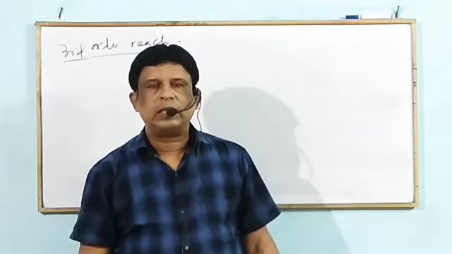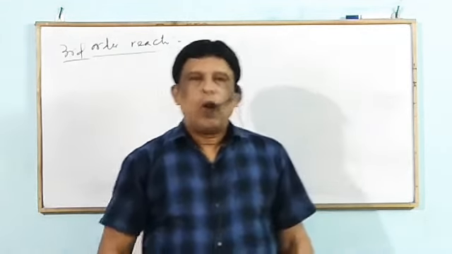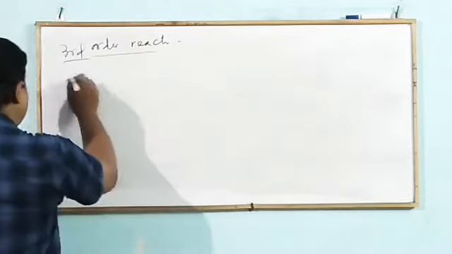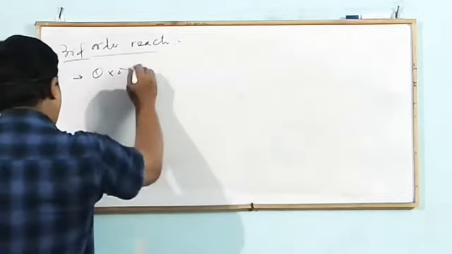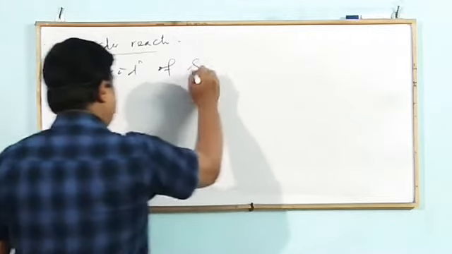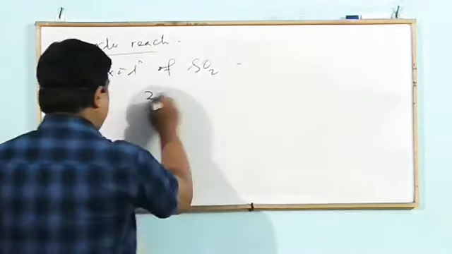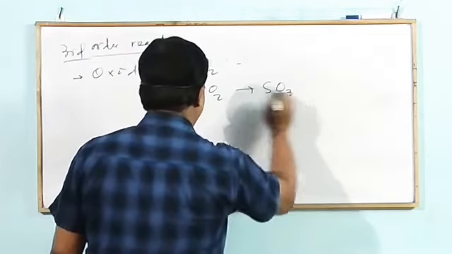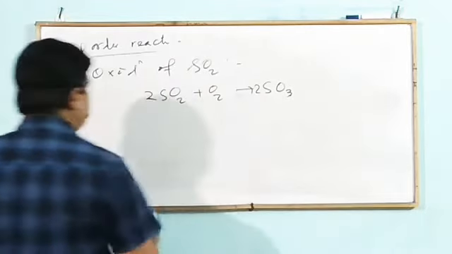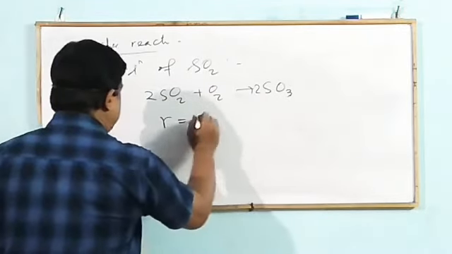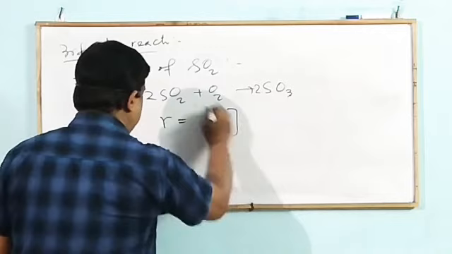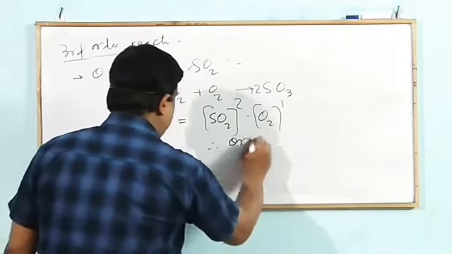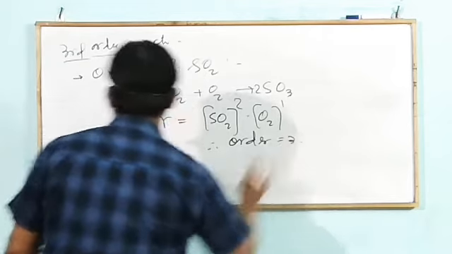A suitable example is oxidation of sulfur dioxide, that is formation of sulfur trioxide. According to rate law expression, R is equal to SO2 power 2, O2 power 1, that means order of reaction is equal to 3.